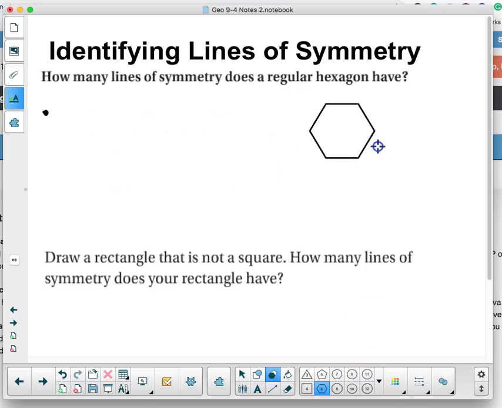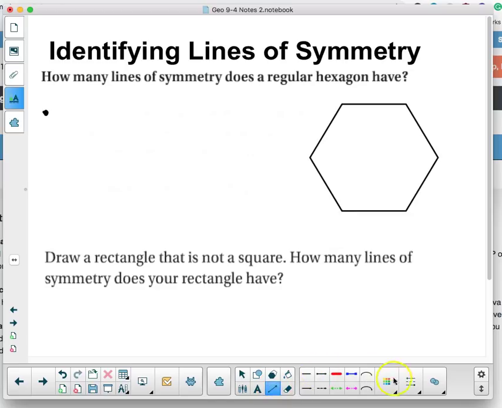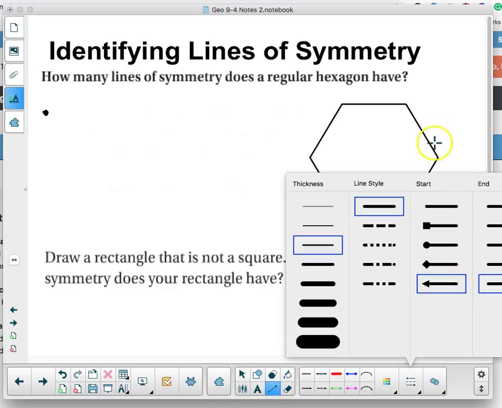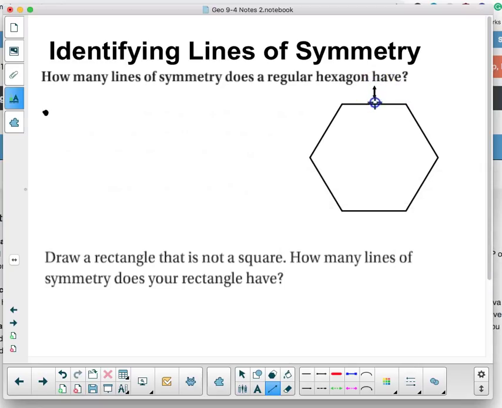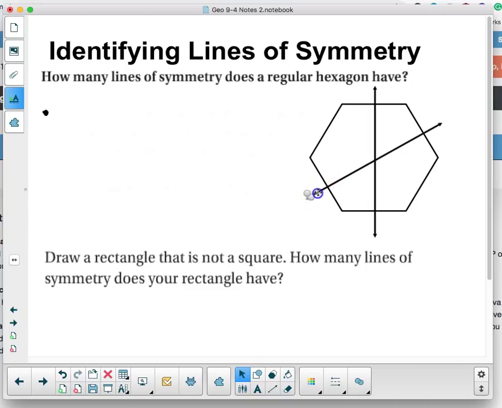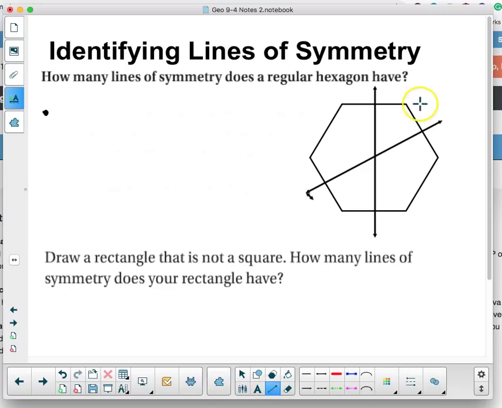Now, if I draw in lines of symmetry, not only do I have lines coming across the midpoints of the sides, but I also have lines coming down from each vertex to the opposite vertex.